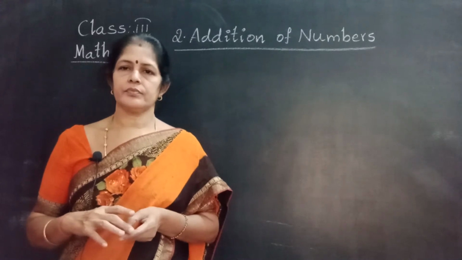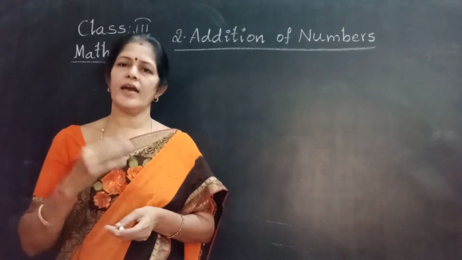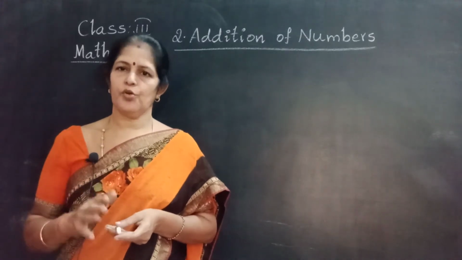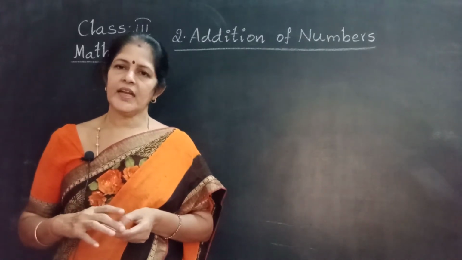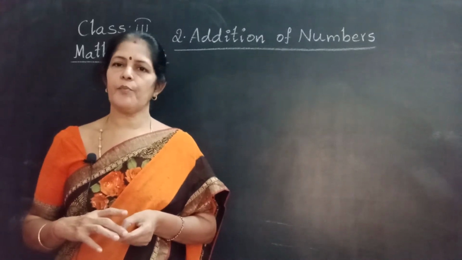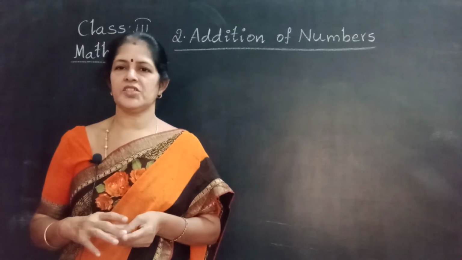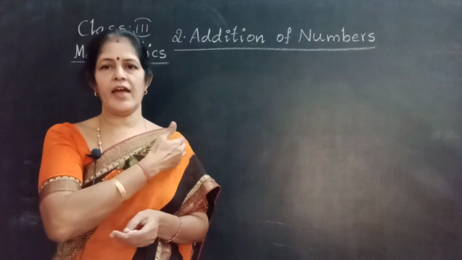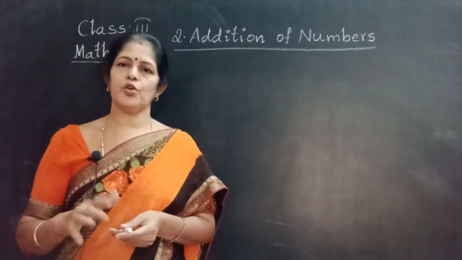Third one, when we add 2 or 3 numbers in any order, we get the same total. That property is called commutative property of addition. We can add the numbers left to right or right to left, and we get the same total.